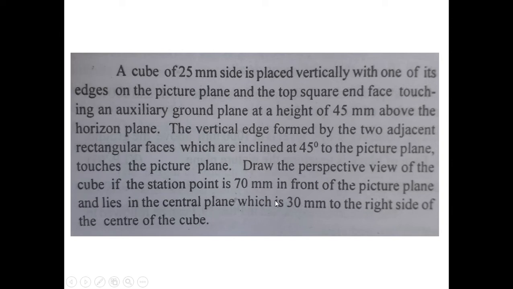That means the station point is 30 mm to the right side of the center of the cube, 70 mm in front of the picture plane, and 45 mm below the ground plane. Since the auxiliary ground plane is 45 mm above the horizon plane, the observer's eye is 45 mm below the ground plane. So these are the observations.